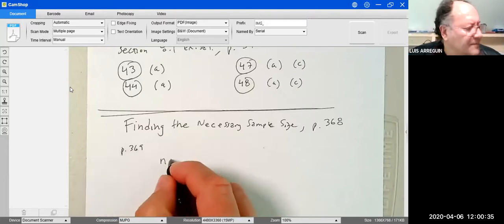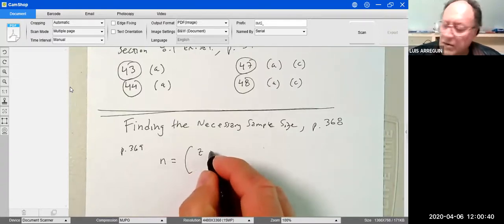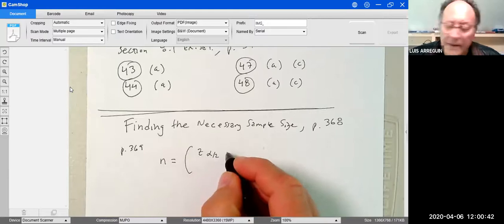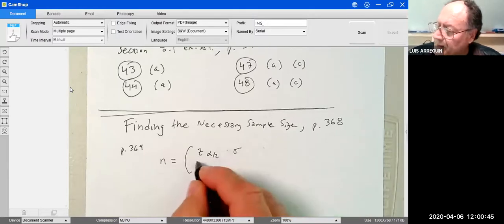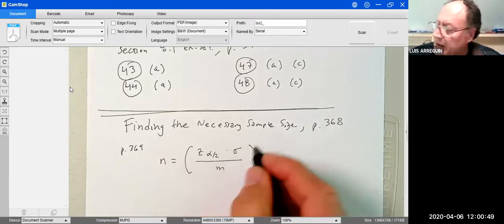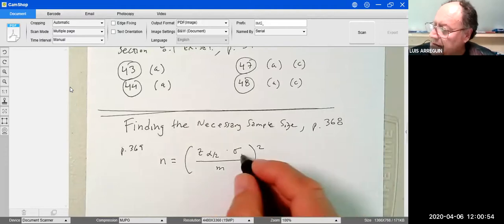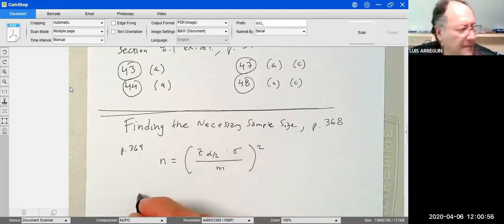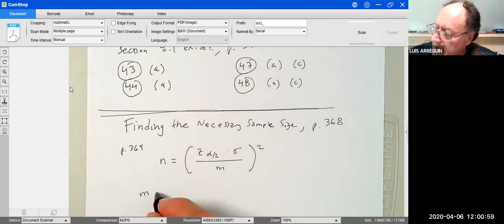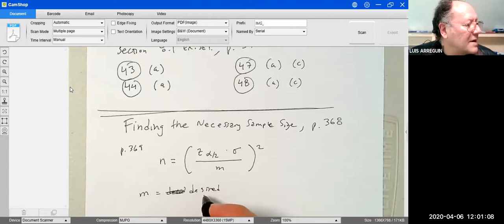You have n is going to be z alpha over 2 times sigma over m, and this is going to be squared. So what are these values? Sigma is the standard deviation of the population, and m is going to be the desired margin of error.